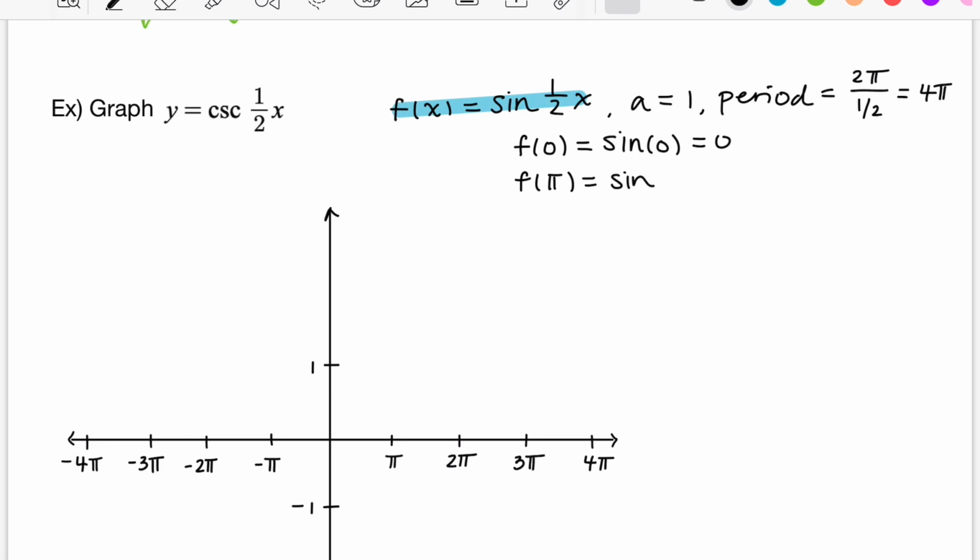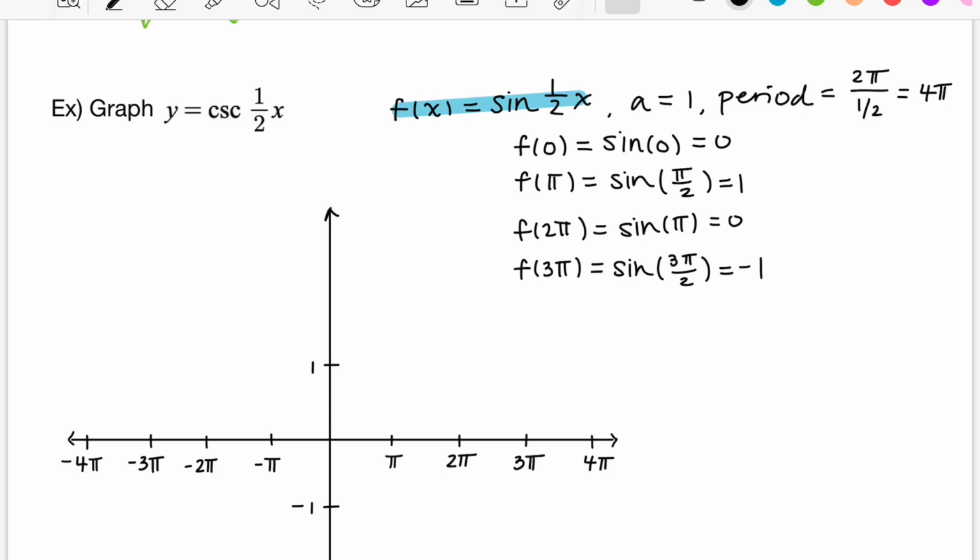For pi, we'll get sine of pi over 2, which gives us 1. For 2 pi, we'll get sine of pi, which is going to be 0. And then for 3 pi, we'll get sine of 3 pi over 2. And we know that's going to be negative 1.